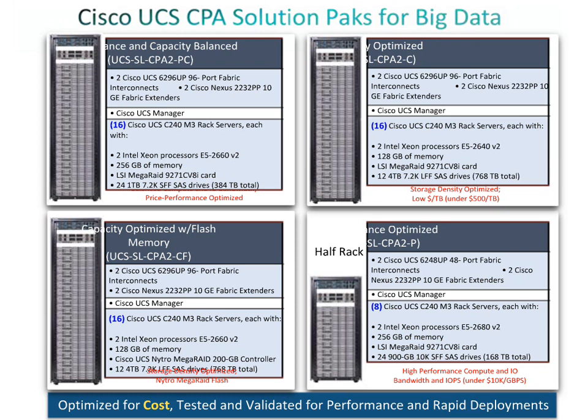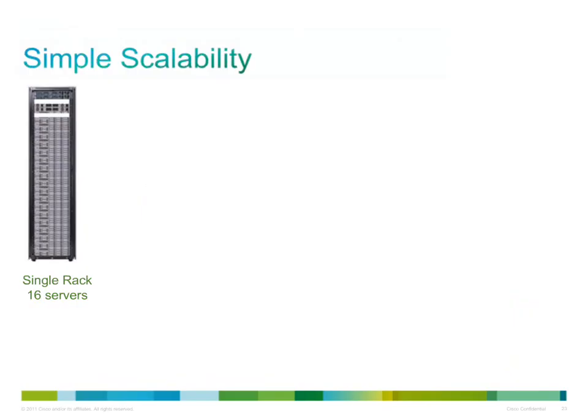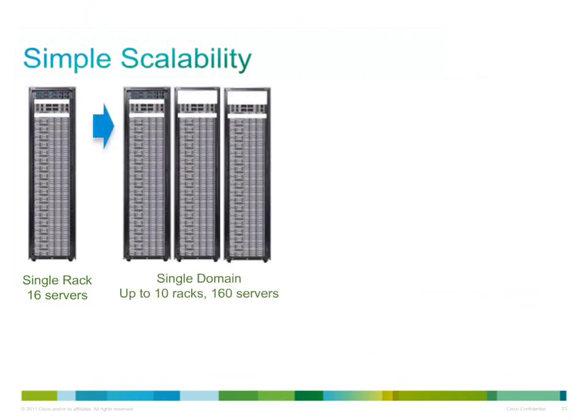Slide 23, please. What we have as far as a scalable design and approach with this common platform architecture is beginning with a single rack, and this is a build slide. On the first part of it, we have that single rack, and in that rack are 16 of those 2RU servers with fabric extenders, the top of rack switching component, and the fabric interconnects, which is that central switching location.